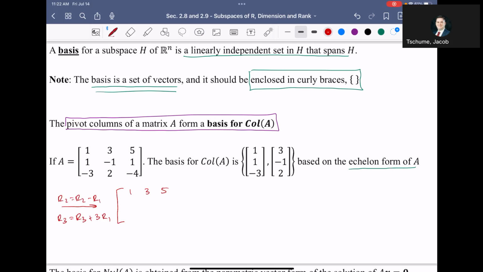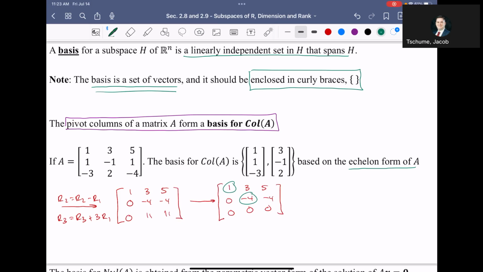With 1, 3, 5, you would get 0, negative 4, negative 4, and then you would get 0, 2 plus 9 is 11, negative 4 plus 15 is also 11. And then I notice that row 2 and row 3 are multiples of each other, so I can make the bottommost row all zeros. And at this point, that's enough to find my pivot positions.